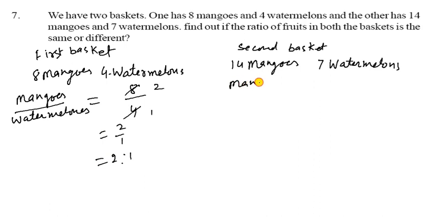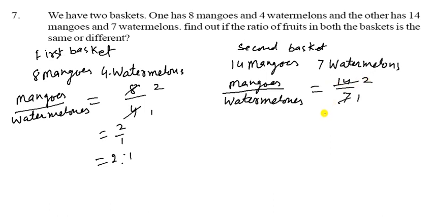And here mangoes upon watermelon. So it is 14 upon 7. 7 1s are 7 and 7 2s are 14. So we get 2 upon 1, and that is the 2 to 1. That means both baskets have the same ratio.